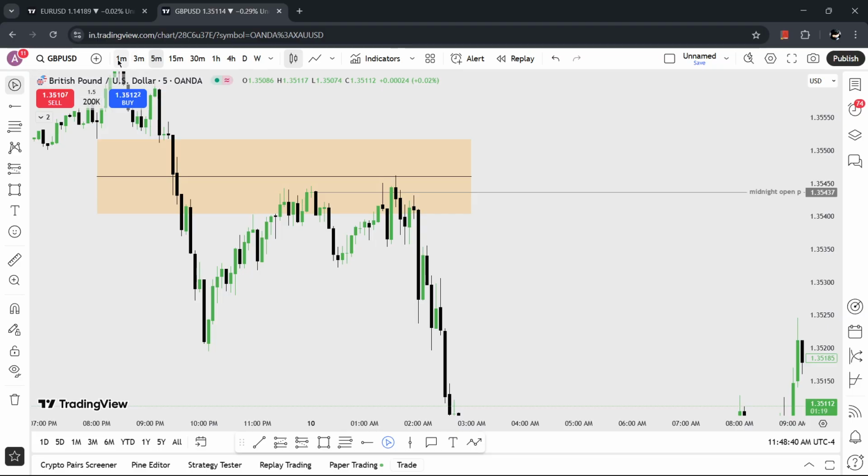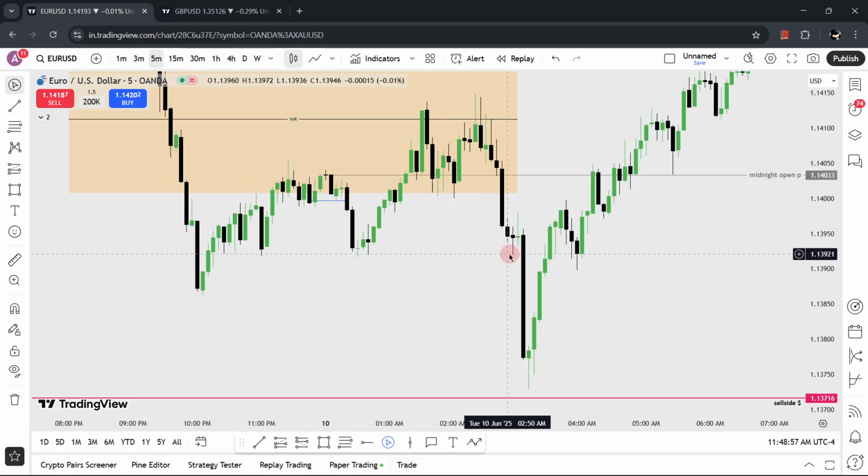This was a kind of good trade, but I will actually say that this trade was against my concept. The trade didn't happen around this midnight, but it was perfect in my view.